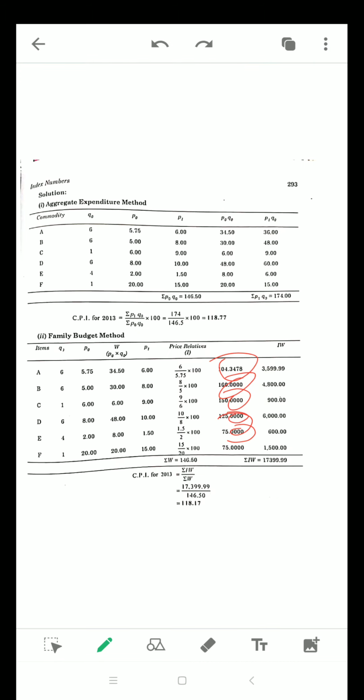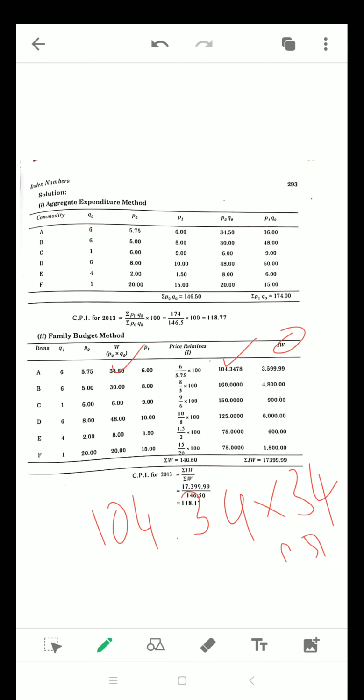Sorry, 1 minute. So next we'll go for summation or multiplication of IW. This you have to find out now. That is I into W. I will write here 104.34 into 34.50.